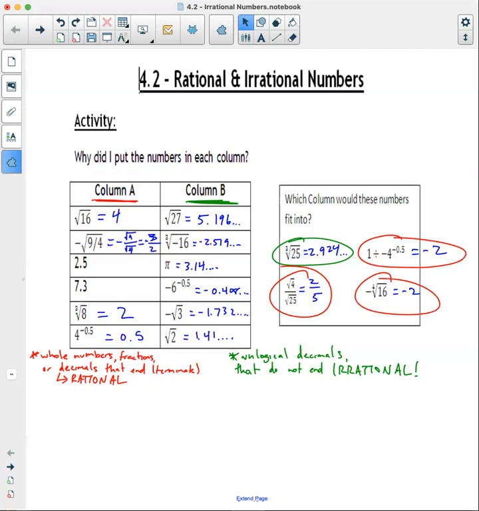So the purpose of this exercise is just to communicate that we have different types of numbers, and you're starting to learn the different terms, rational and irrational.